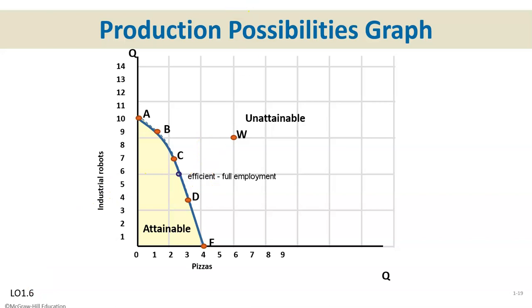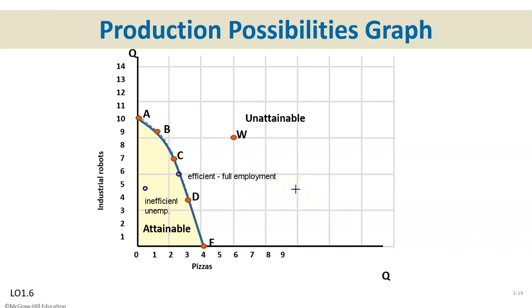So an inefficient point would be one that's underneath the line. So a point like here, that would be considered inefficient. And an inefficient point is also what unemployment looks like.